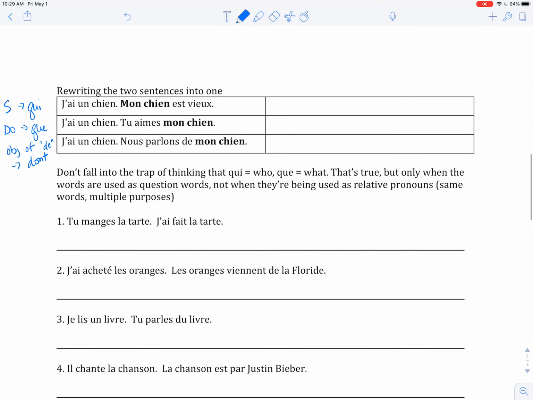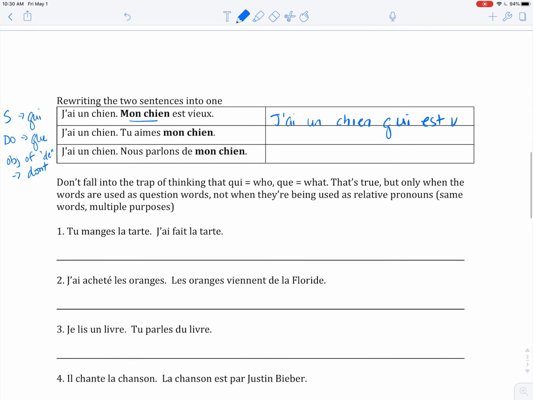Next really important detail, I have the same examples here that were on the first page. So we decided that in the first example, j'ai un chien, mon chien est vieux, we decided that mon chien was the subject and it's going to be replaced with qui. So that will give us the sentence, j'ai un chien qui est vieux. Apple Pencil's not cooperating right now.